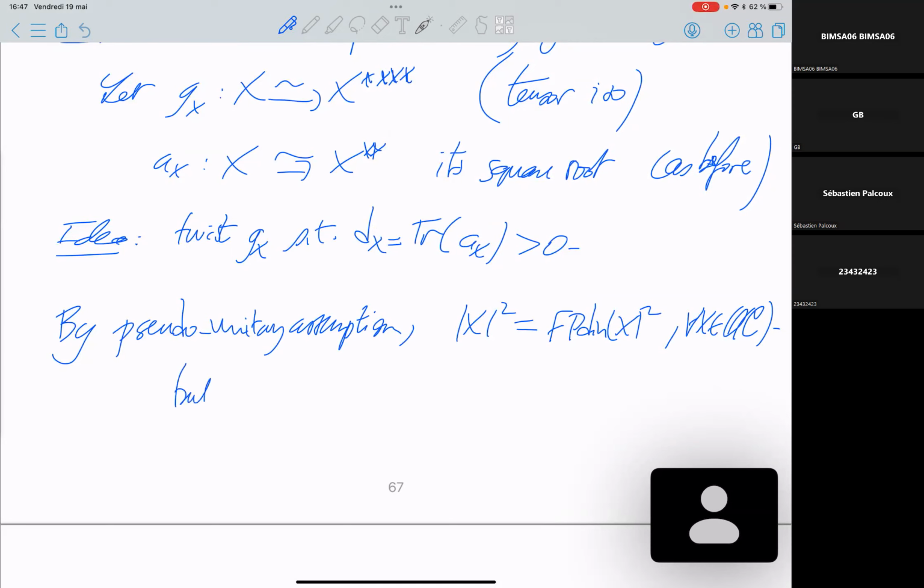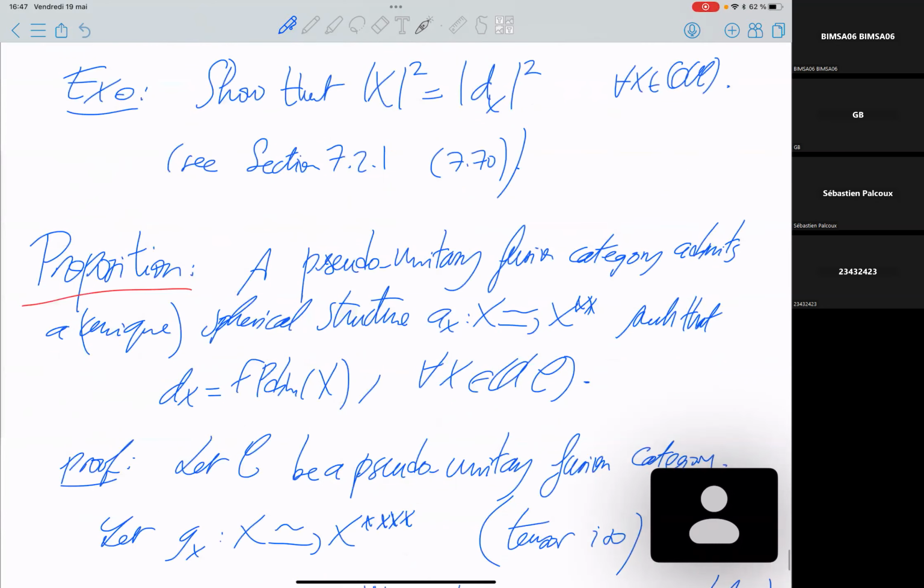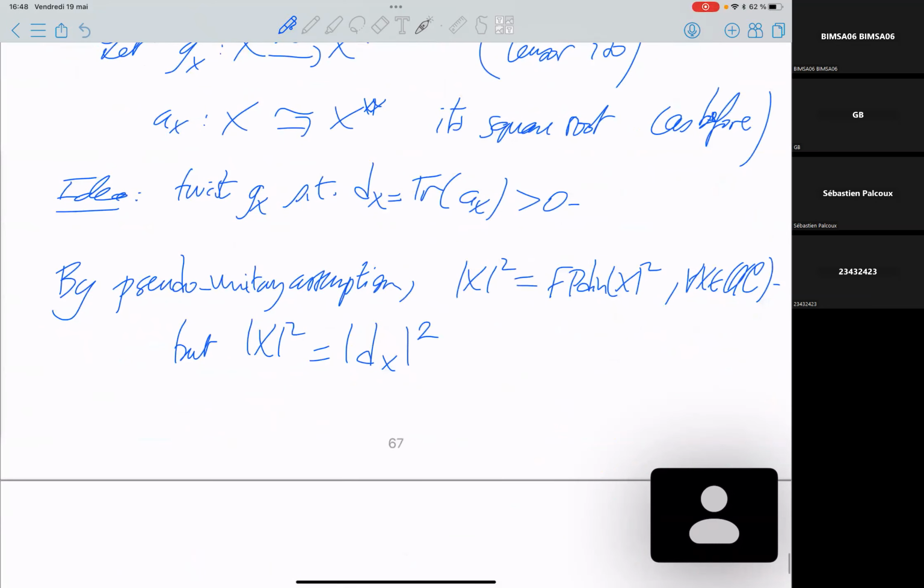But the square norm of x is the square of the absolute value of dx as the exercise states here. So the absolute value of dx is the Frobenius-Perron dimension of x.